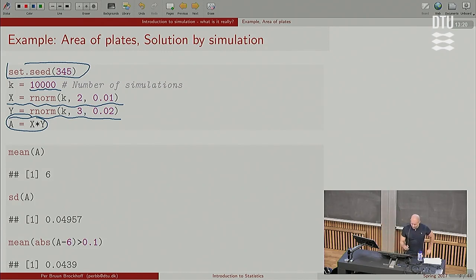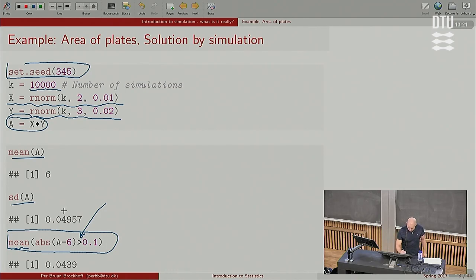And then I can look at what's actually the mean, what's actually the standard deviation, and also such complicated things, and here's a little R technicality. If I'm going to count or find the probability of having a deviation from 6 that is larger than 0.1, that's the question I put on my slide, I use a logical operator and I count.